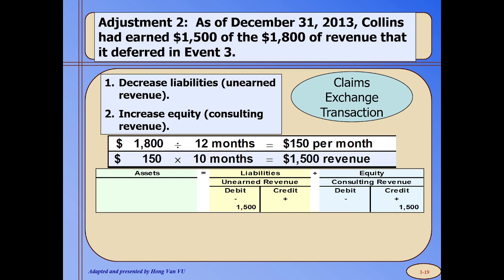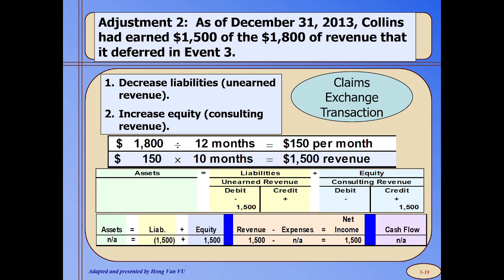Here is the illustration of the impact on the T account. You can see that there's no impact on the asset account. The unearned service revenue decreases by 1,500, so we have a debit. And for the equity, we record the revenue increase of 1,500 on the credit side.